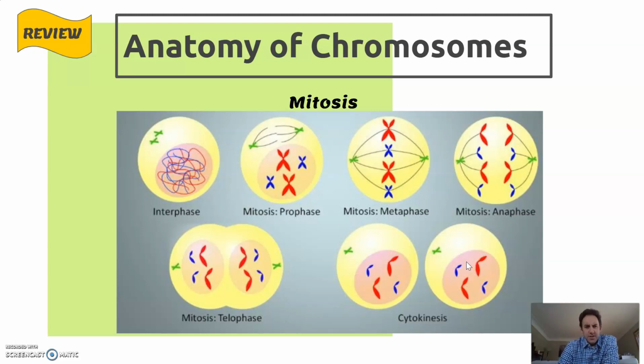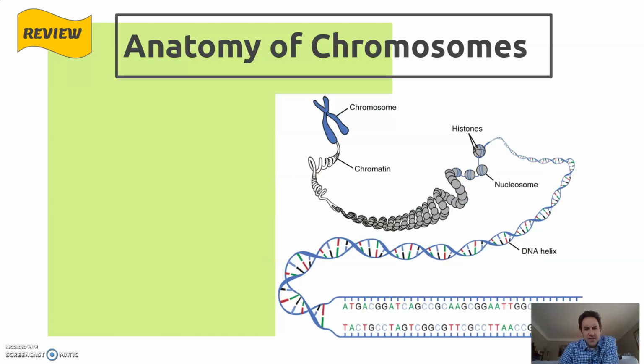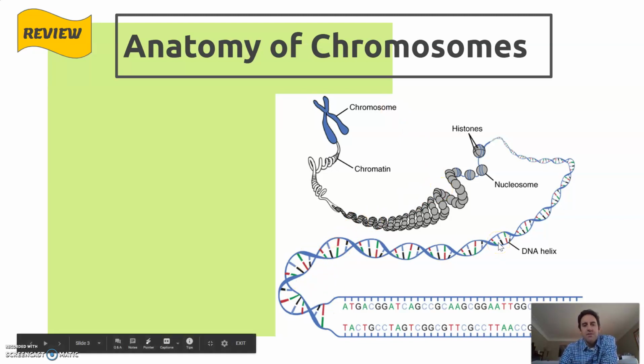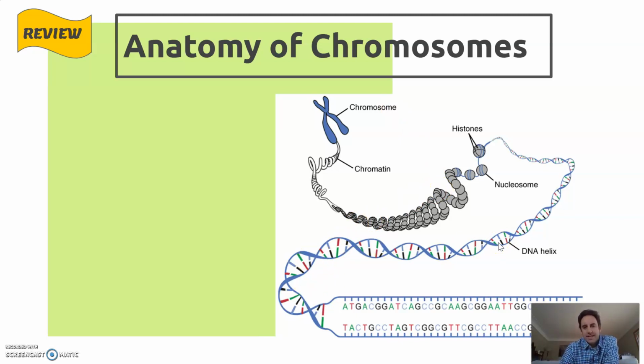So some terminology here. Things get confusing. There's chromatin, chromosomes. What is all that again? Well, reminder that essentially when we're talking about DNA or chromatin or chromosome, really we're essentially getting at the same thing. All of these things are essentially DNA. It's just a matter of how coiled up that DNA is.